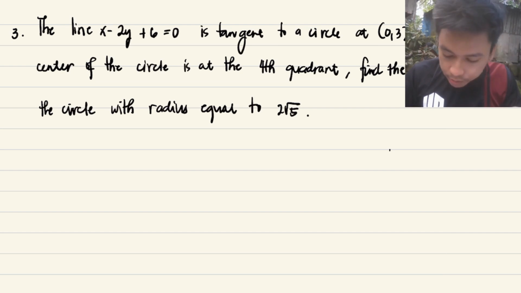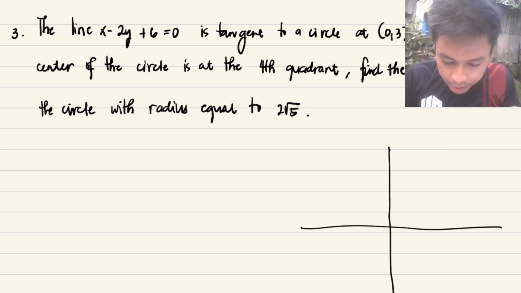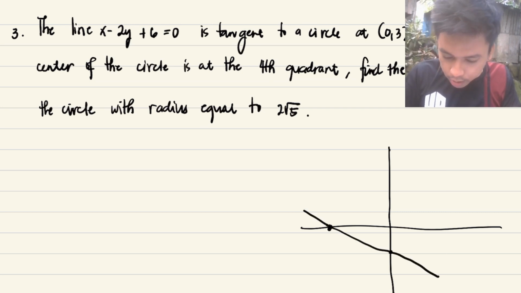Can we plot this? How do we plot the line? When y is 0, x is -6. When x is 0, y is -3.